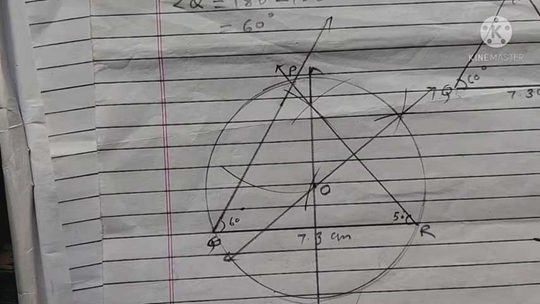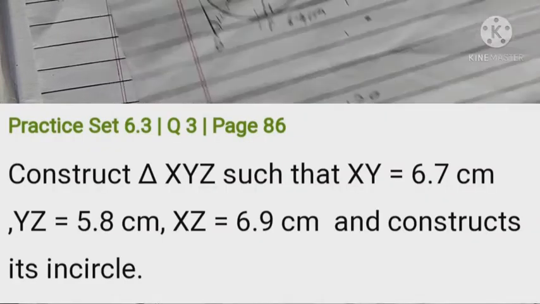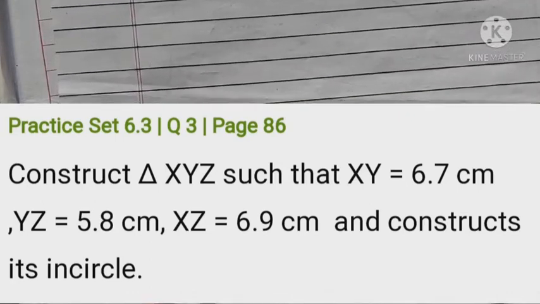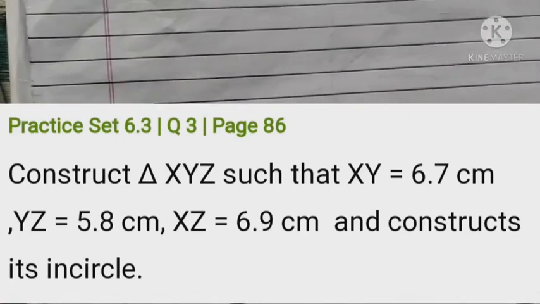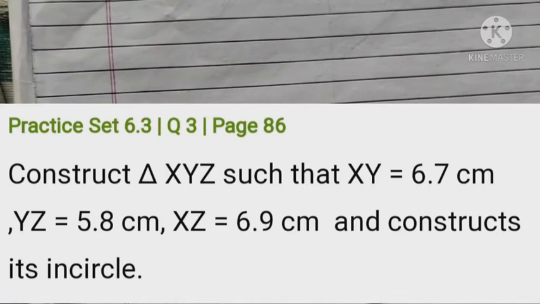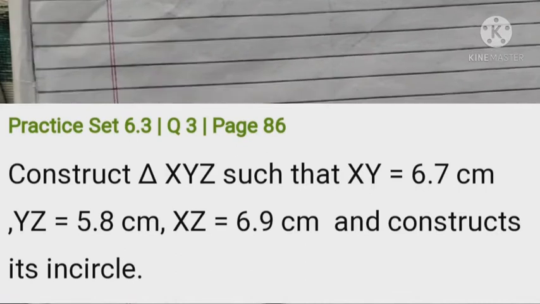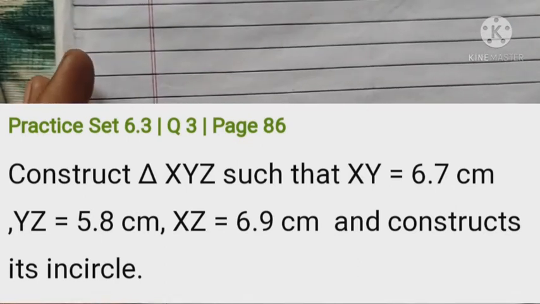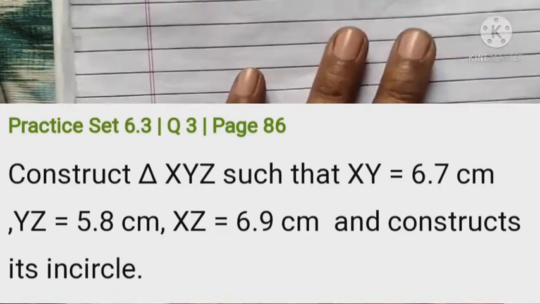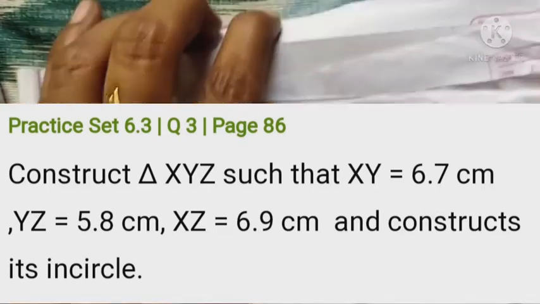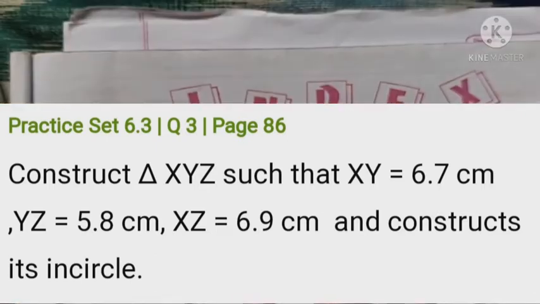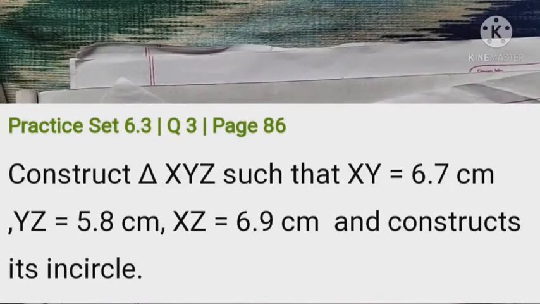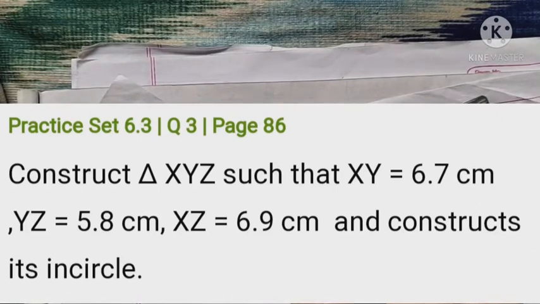Okay. Now move to question number 3. Question number 3 is: construct triangle XYZ such that XY is 6.7 centimeters, YZ is 5.8 centimeters and XZ is 6.9 centimeters. Then we have to construct its incircle. First of all, draw the rough figure.